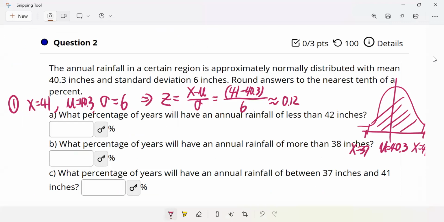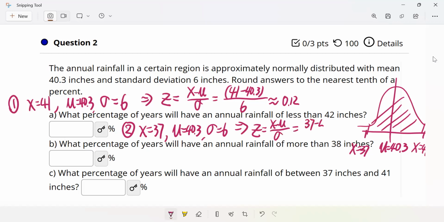And then we're going to also find out the z-score that corresponds to the smaller x value, x equal 37, mean is 40.3, sigma 6. Z-score is x minus mu over sigma. One more time, 37 minus 40.3 divided by 6.